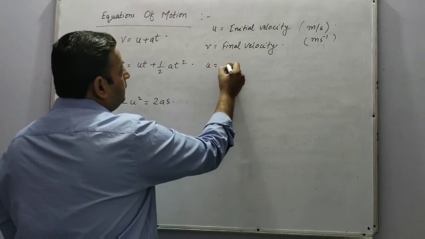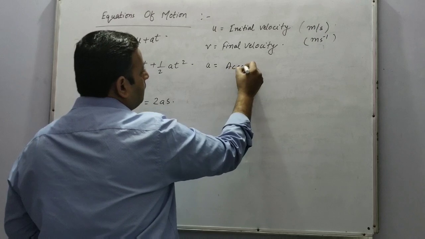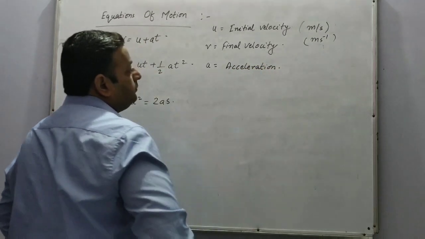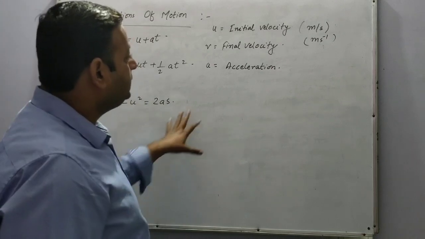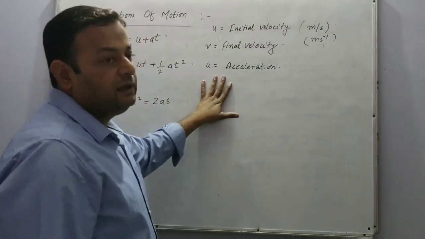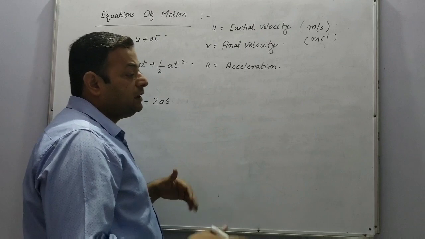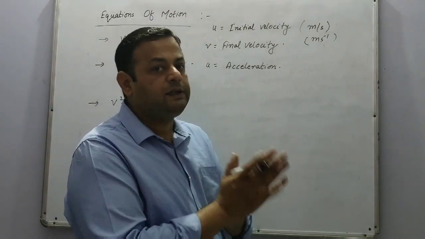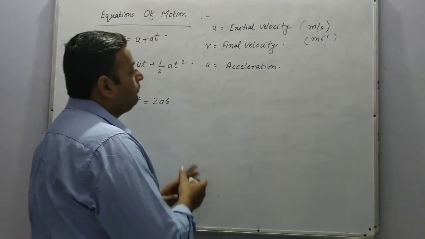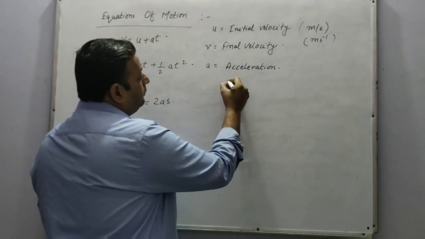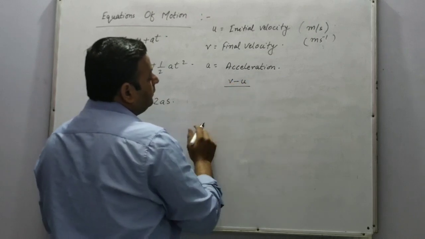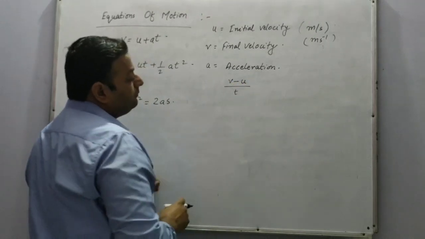Now A is acceleration. Acceleration can be defined as the rate of change of velocity, that is, how much change in the velocity has taken place in a particular period of time. So final velocity minus initial velocity with respect to time.